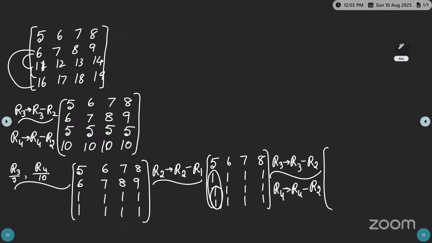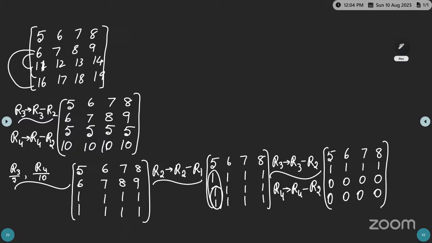If you are doing row transformations with respect to one row, don't do another transformation in the same step. With respect to that row, try to reduce the remaining rows. So what do you get? 5, 6, 7, 8; 1, 1, 1, 1; 0, 0, 0, 0; 0, 0, 0, 0.